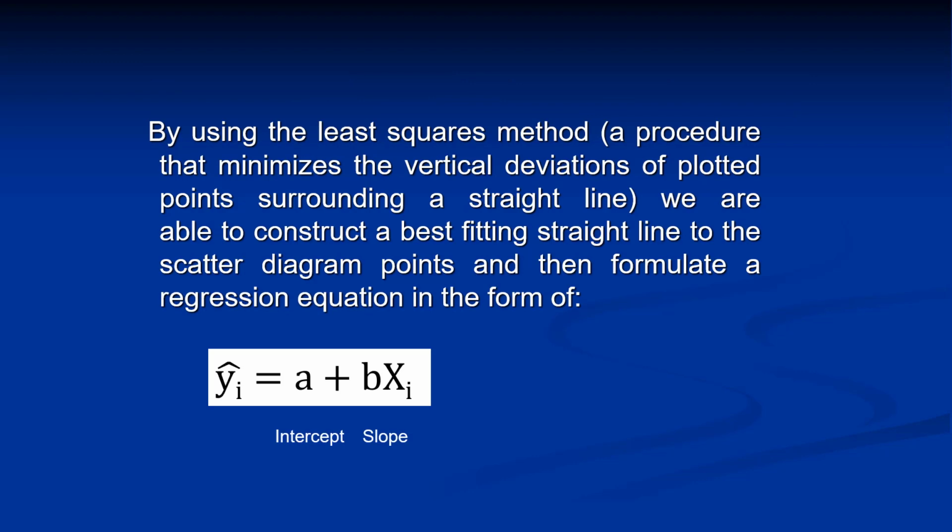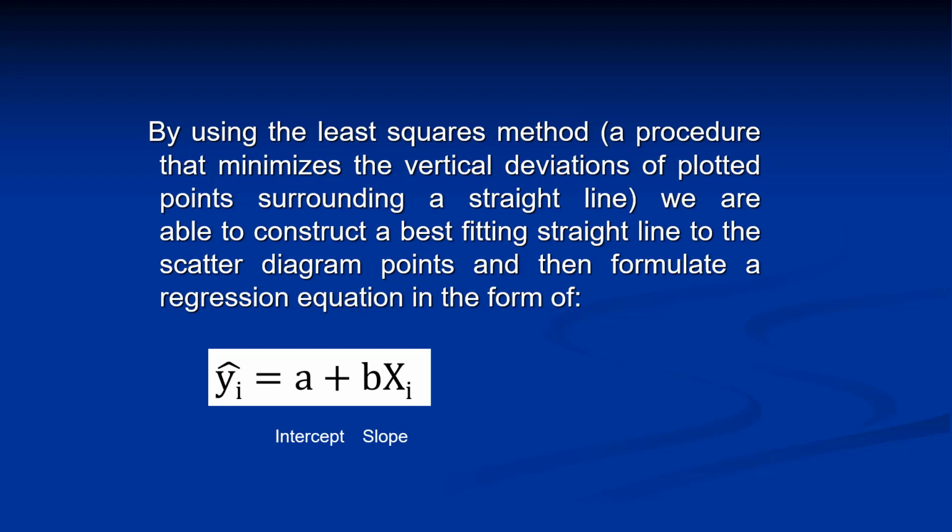The regression line is described by the regression equation. It gives the predicted response variable score for each value of the predictor. The equation is y hat sub i equals a plus b times x sub i.